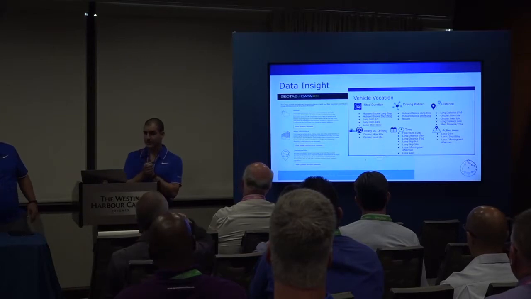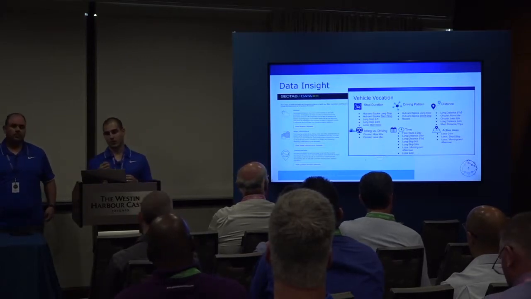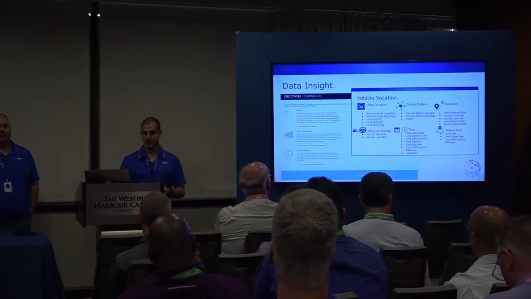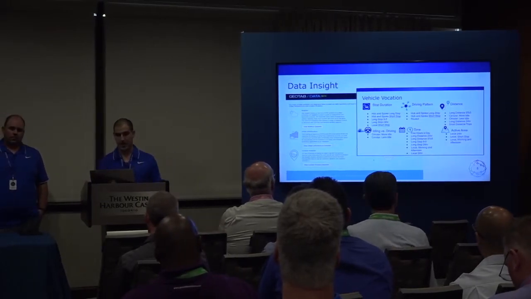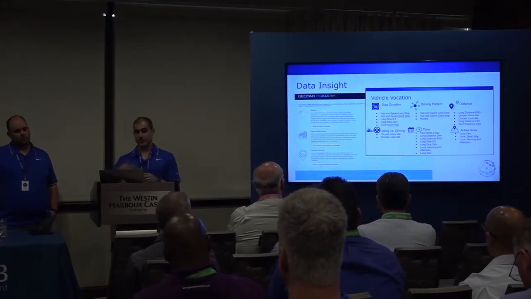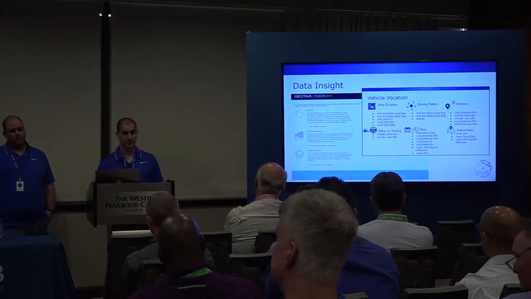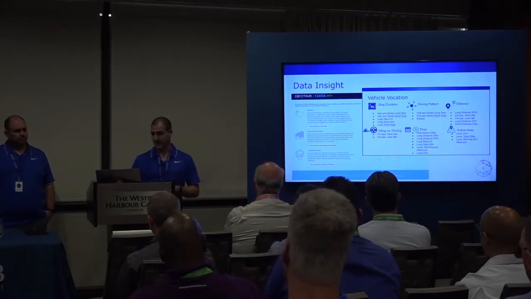Another example is vehicle vocation classification, where we look at the driving behavior or driving pattern of vehicles and are able to predict what type of vocation that vehicle belongs to. There's a talk on this later this afternoon called Benchmarking Your Fleet. If this is something you're interested in, I highly recommend checking it out.